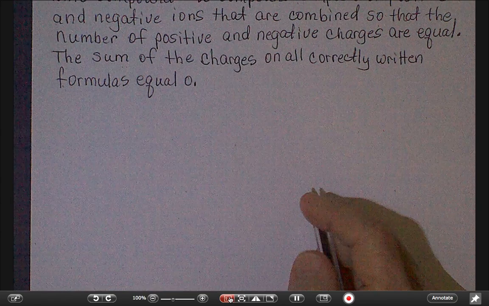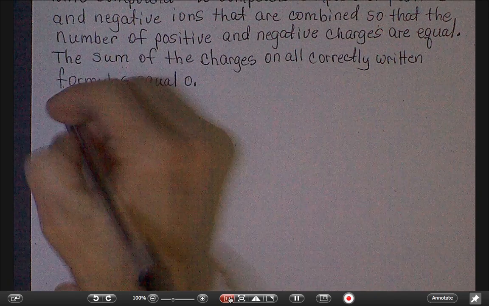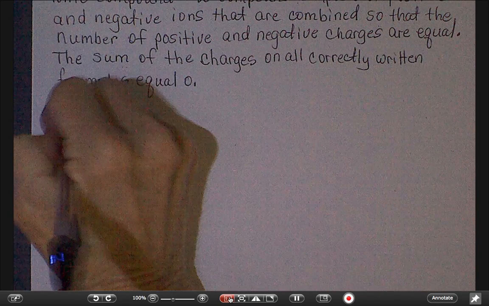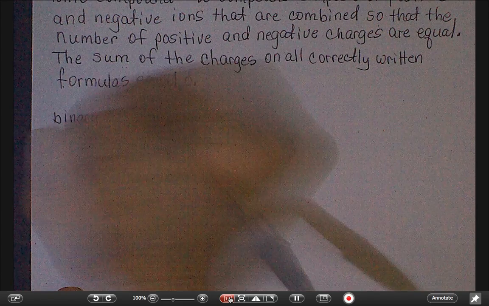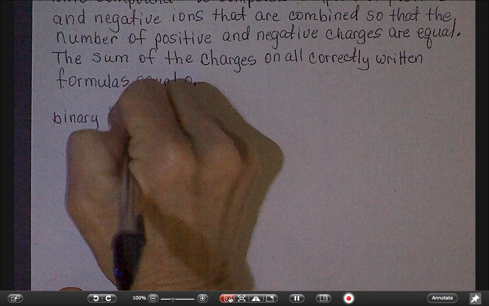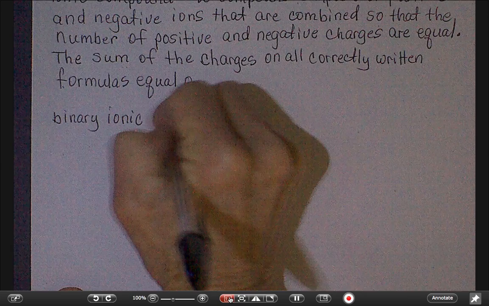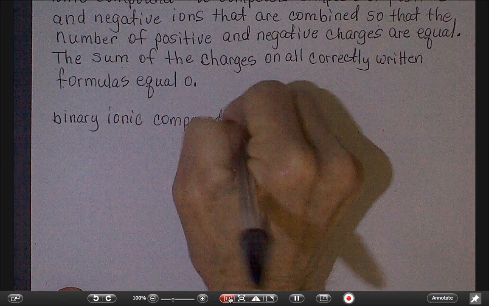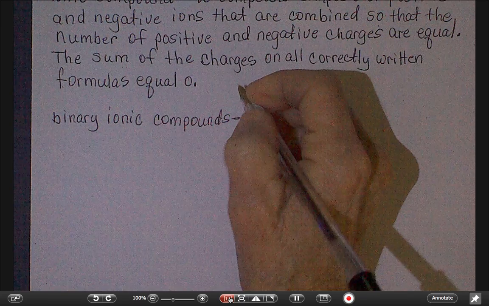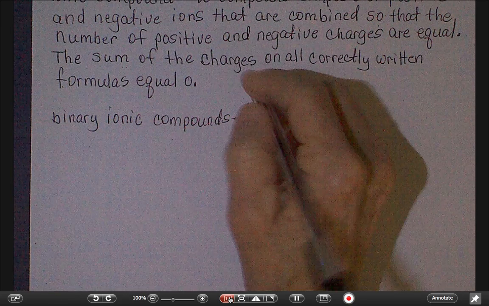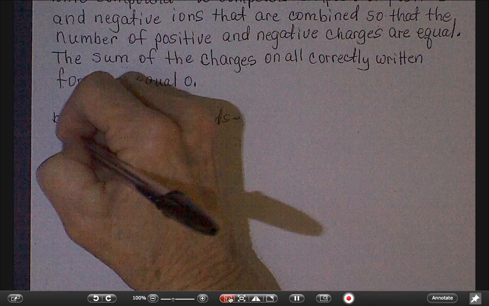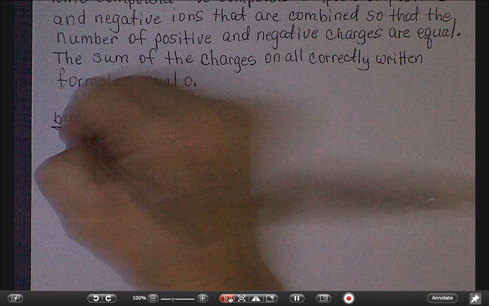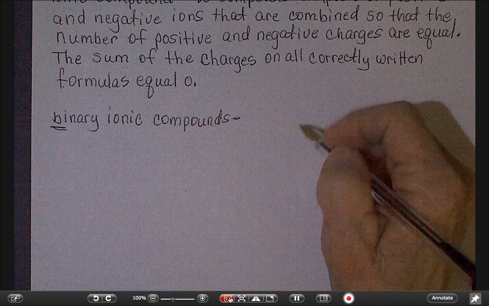Definition, binary ionic compounds. Compounds composed of two elements. Binary is a prefix that means two, okay?